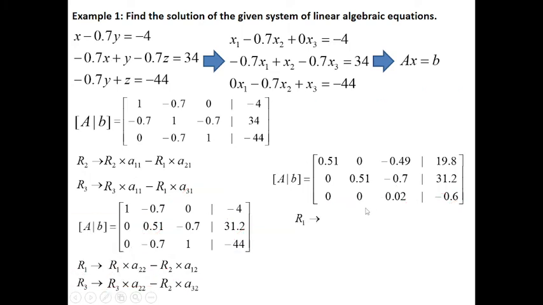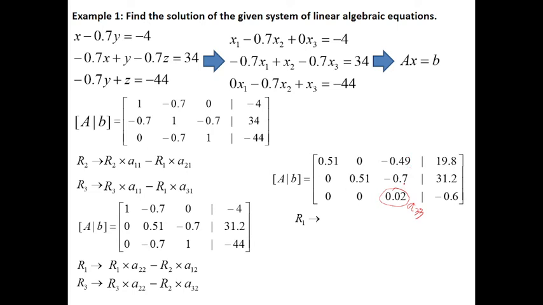Next step, ang goal naman natin next is to convert ito using the third element in the major diagonal. Kasi sa second element, above it and below it, 0 na. Dito sa ating third element in the major diagonal, dapat lahat ng nasa taas ay 0.